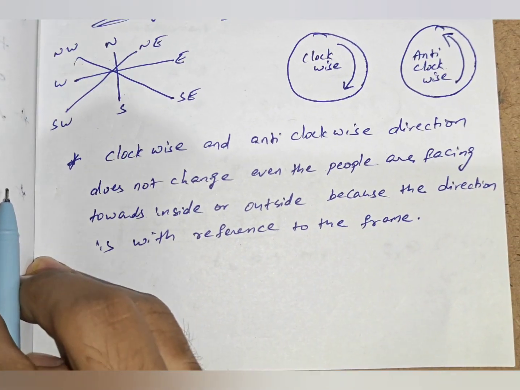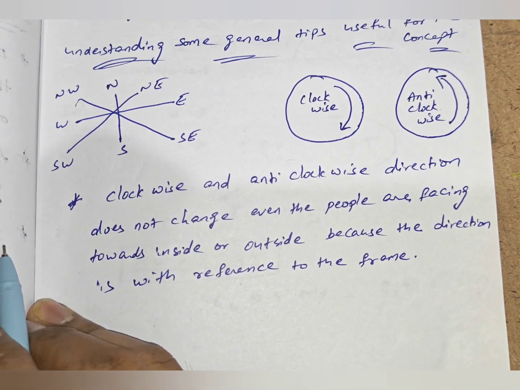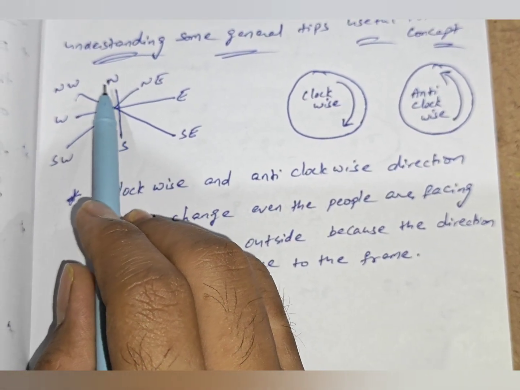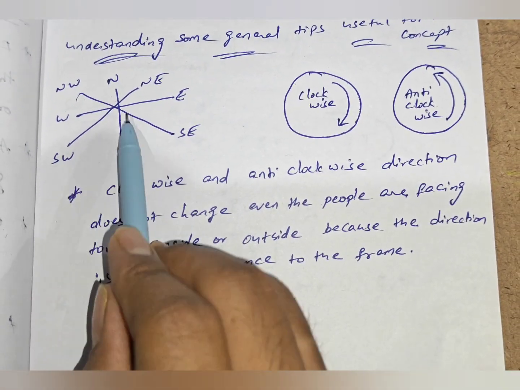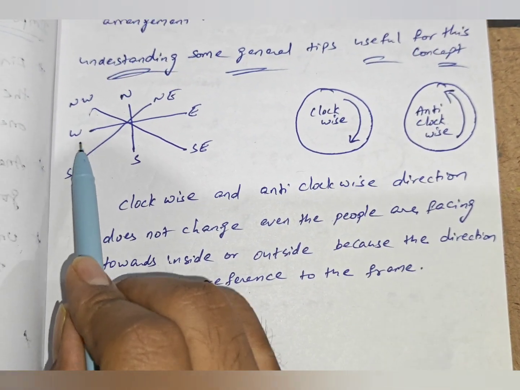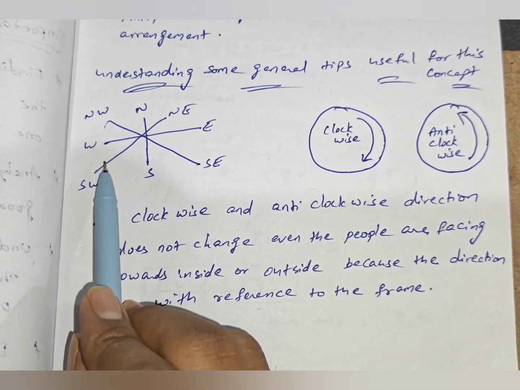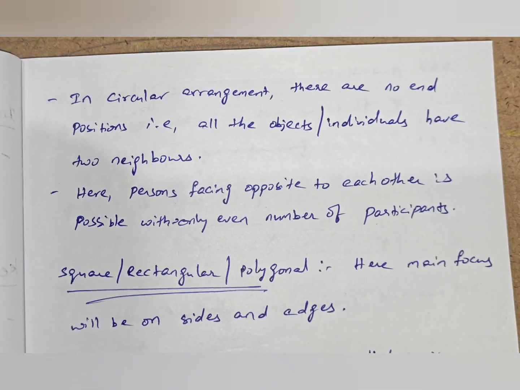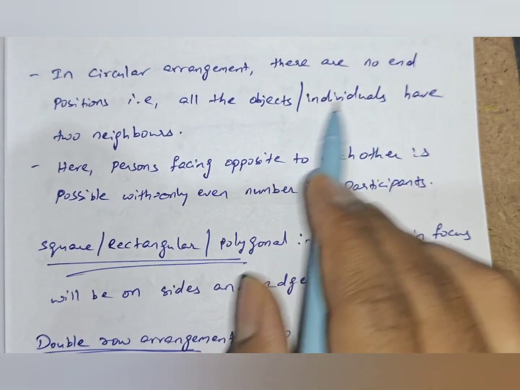And if there is no specific direction mentioned in the question, then we assume this position as north, and with this reference we will write all the other directions like northeast, east, southeast, south, southwest, west and northwest, all these directions with reference to this north position. In circular arrangement, there are no end positions.